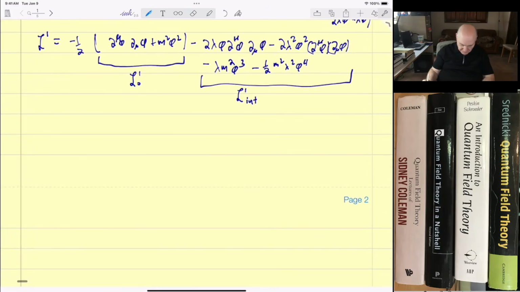Okay, now I'm going to do something which you don't have to do, but I'm going to integrate by parts the derivative terms in the interaction Lagrangian.